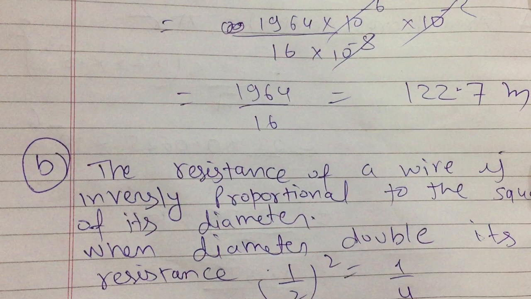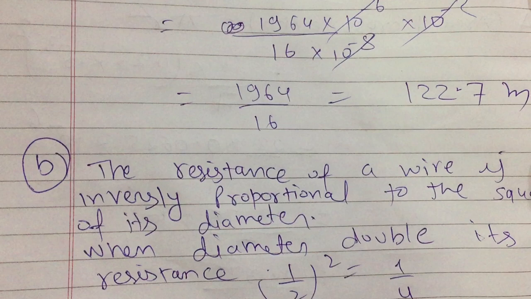Minus 8 minus 6, so 1964 into 10 raised to minus 6 into this 10, this 100 goes up and becomes 10 minus 2, and minus 6 and minus 2 becomes 10 minus 8, and below it is given 10 minus 8, so both cancel. Finally we got 1964 upon 16, and the answer is 122.7 meter.